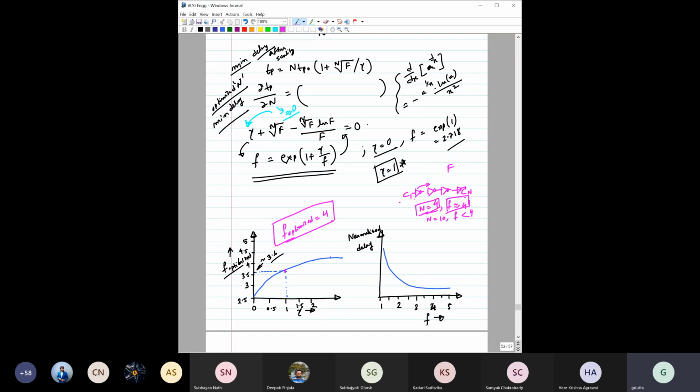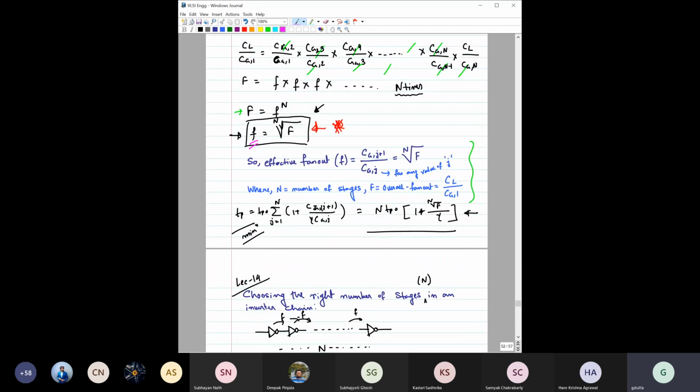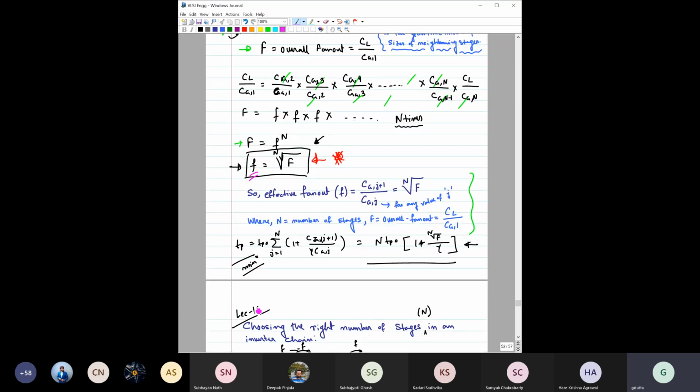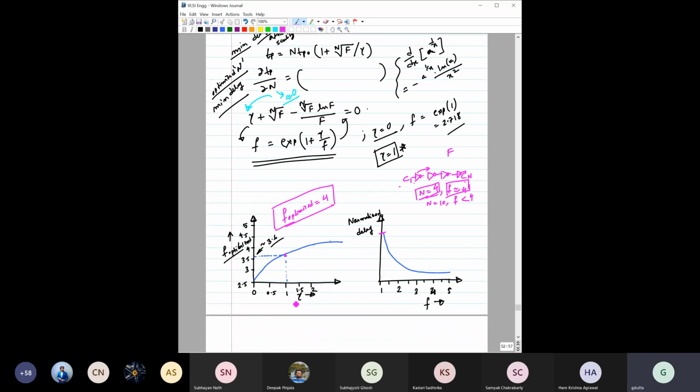Here you can see the normalized delay. Normalized delay is basically this tp by tp naught. That's why you are making it normalized, right? So if you plot the normalized delay with respect to this F, you will get a plot like this.